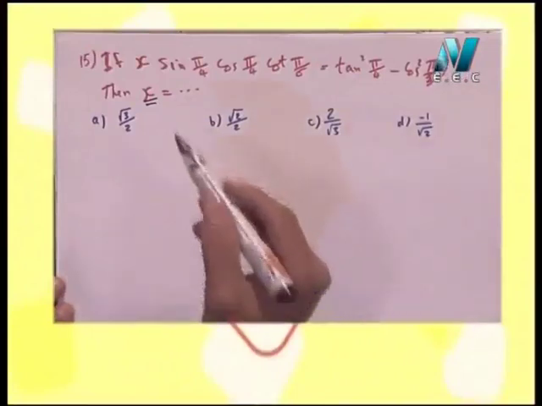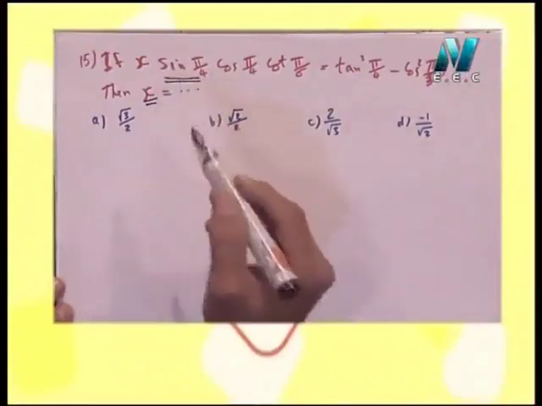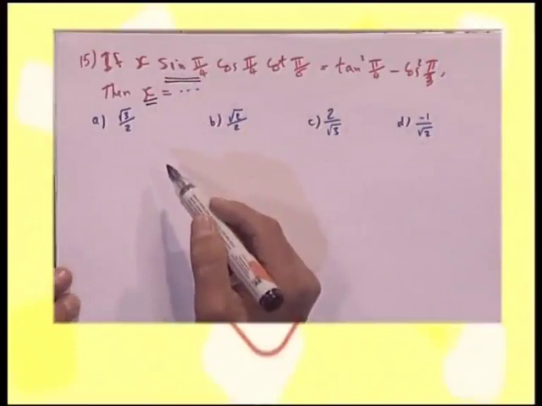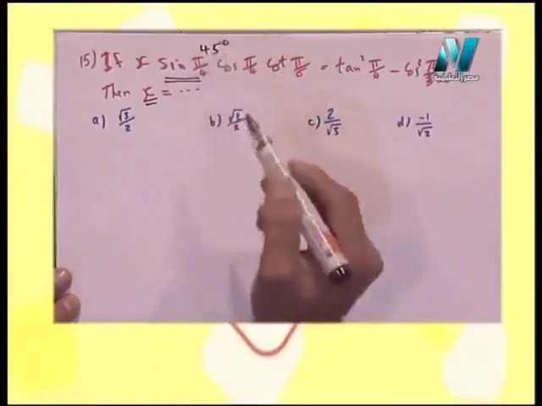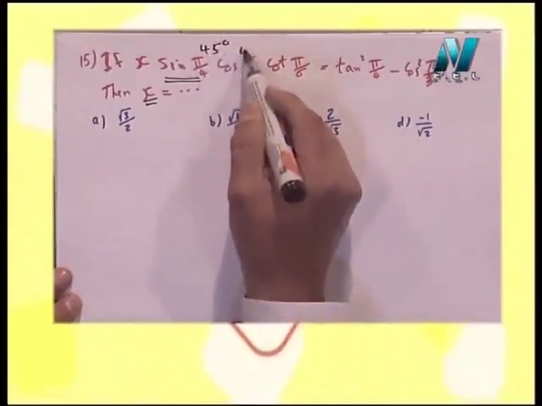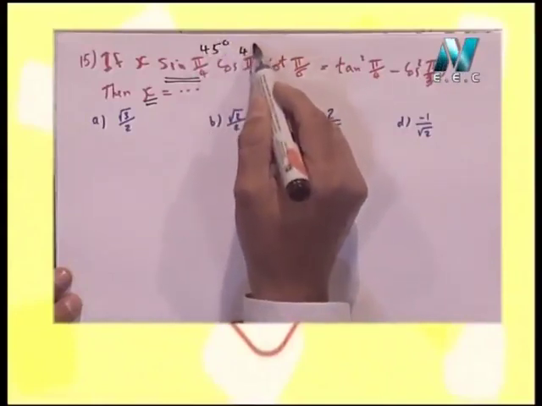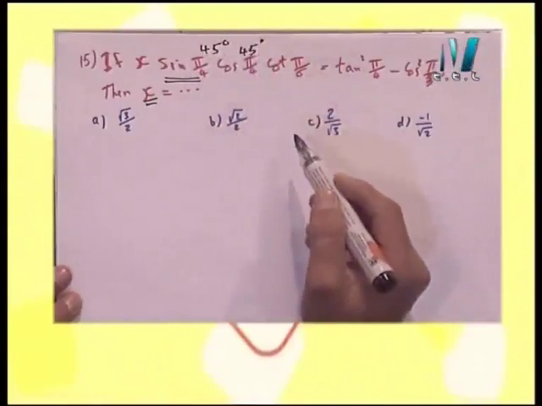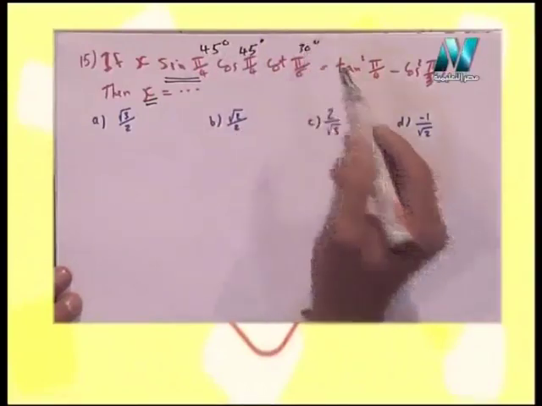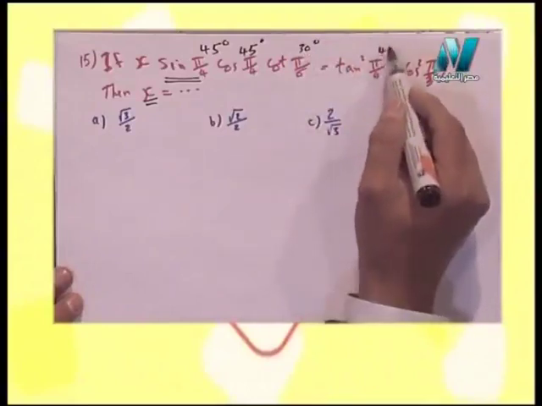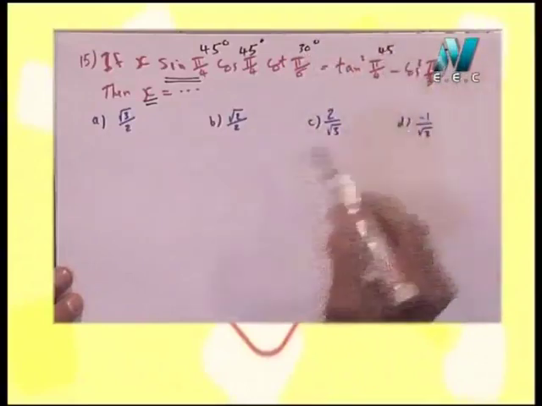You can use your calculator, of course, to find out sine pi over 4. We know that pi over 4 means 45 degrees, and pi over 6 means 30 degrees.